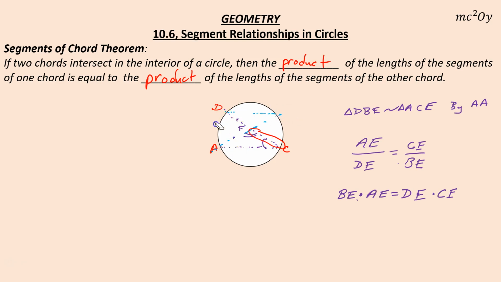Okay, so if I were to erase all of this mess, it's really quick, and redraw in, oops, that was a C. And that's point E. I would know from what we just talked about, DE times EC is equal to AE times BE, or the product of the lengths of the segments of one chord times the other.